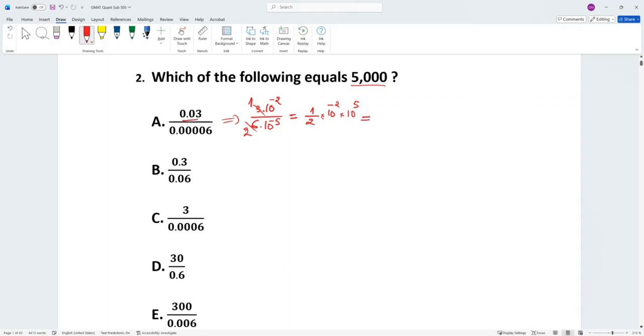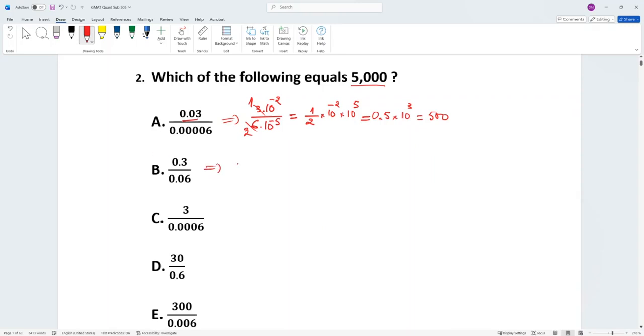And here we will have 1 over 2 is 0.5 times 10 to the power 3, because here it's going to be minus 2 plus 5, which gives us the power 3. And 0.5 times 10 to the power 3 is equal to 500. So that's basically the logic.